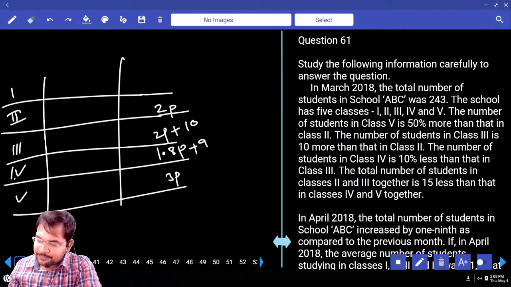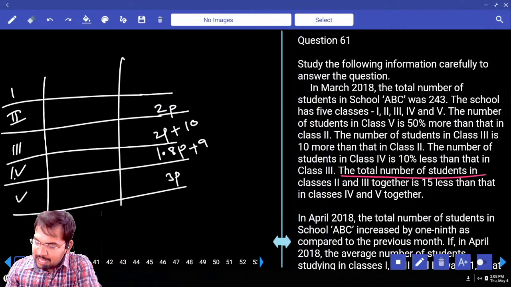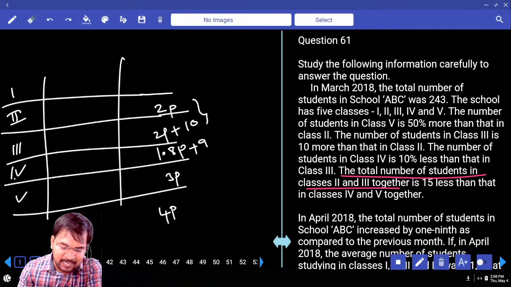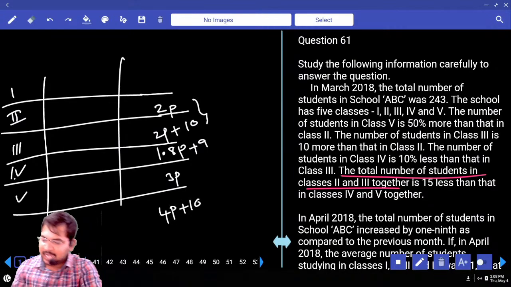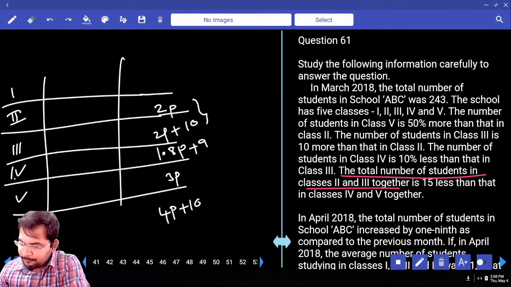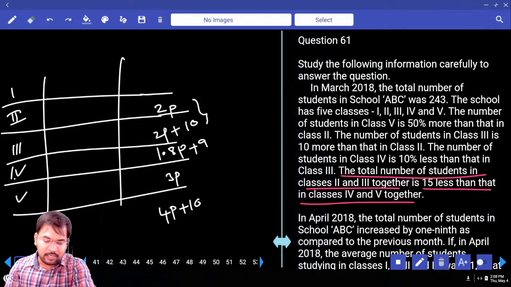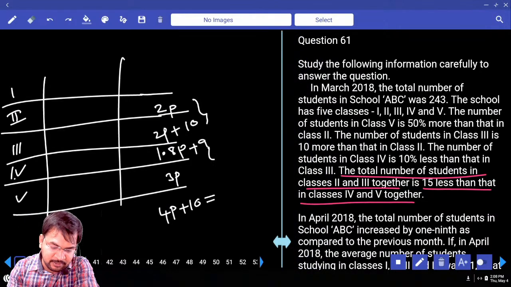The total number of students in class 2 and class 3. Class 2 and class 3, how much? 4 parts plus 10. This value is 15 less than these two and these two. These two is how much? 4.8 parts plus 9.